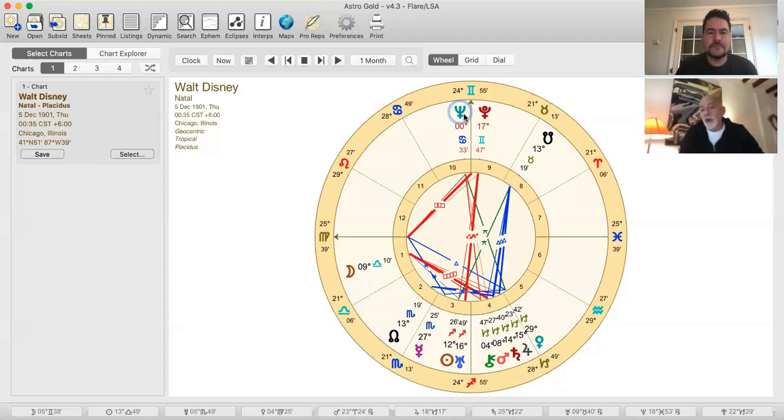It is also emphasized because it's the only planet, when he was born, above the horizon. It's also angular, and it rules an angle. And it's the only planet that is retrograde. So this is a very powerful Neptune.